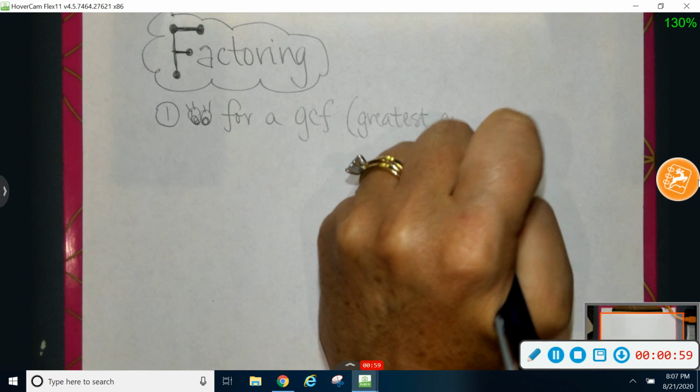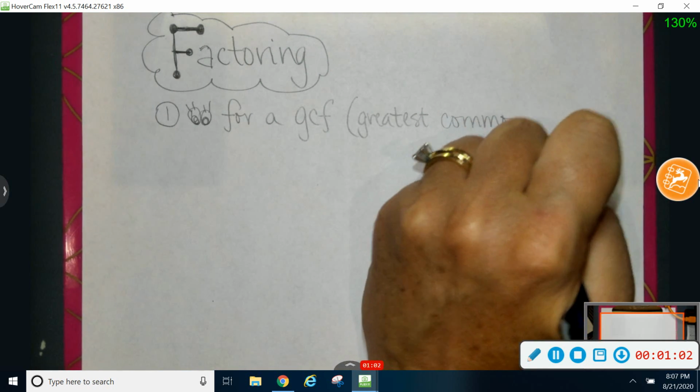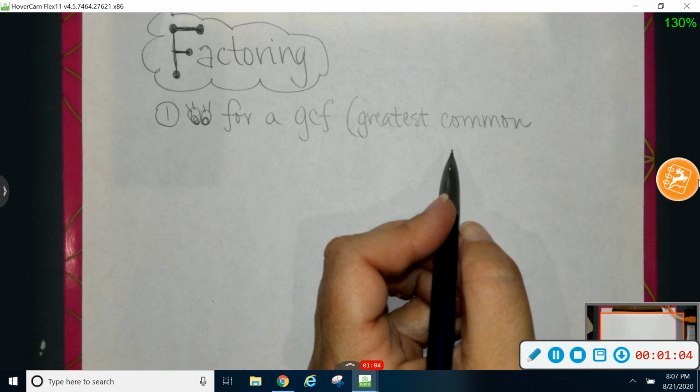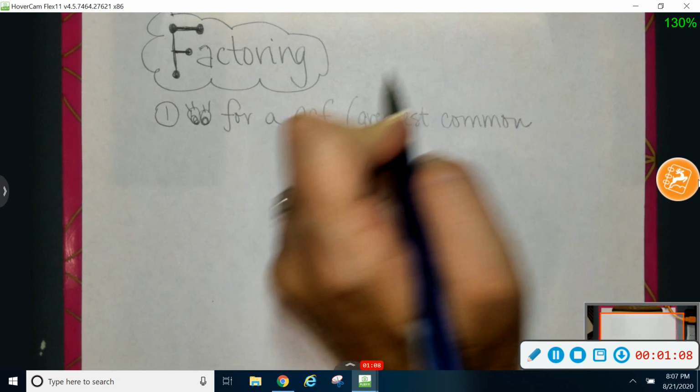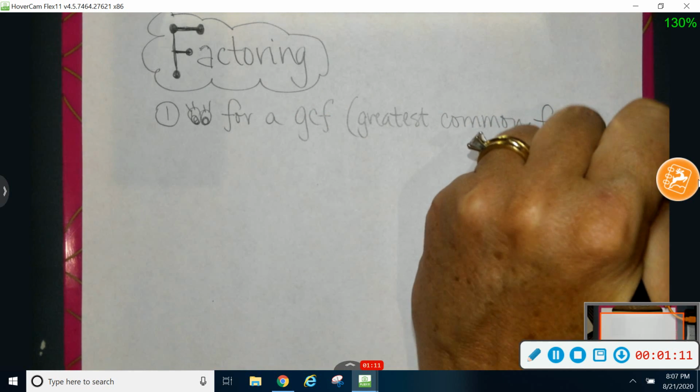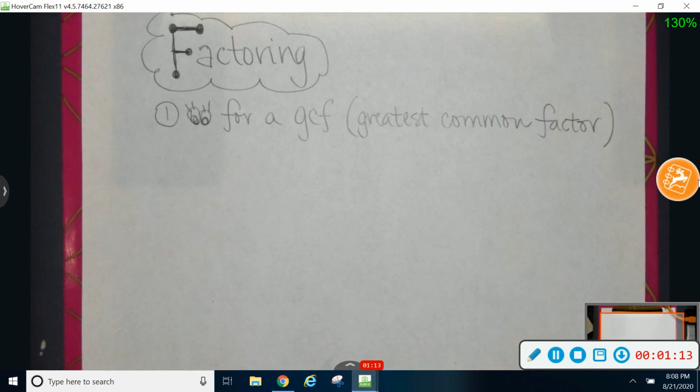Sometimes this will be the only thing you can do, or it's going to take you from something that looks a little more difficult to something that's more recognizable to solve. So first rule of factoring, always look for a greatest common factor.